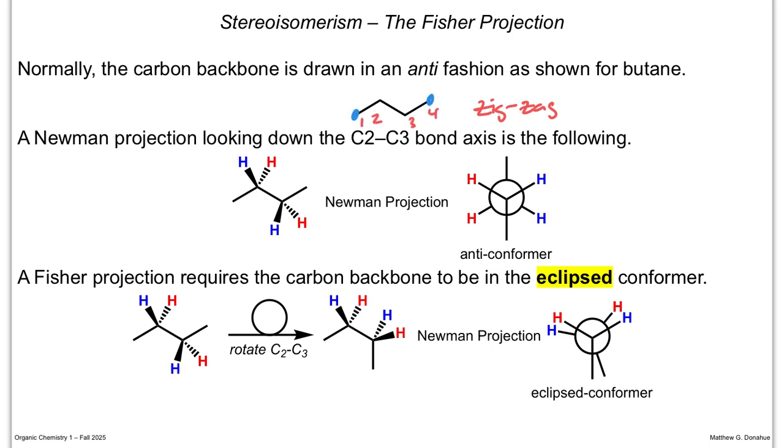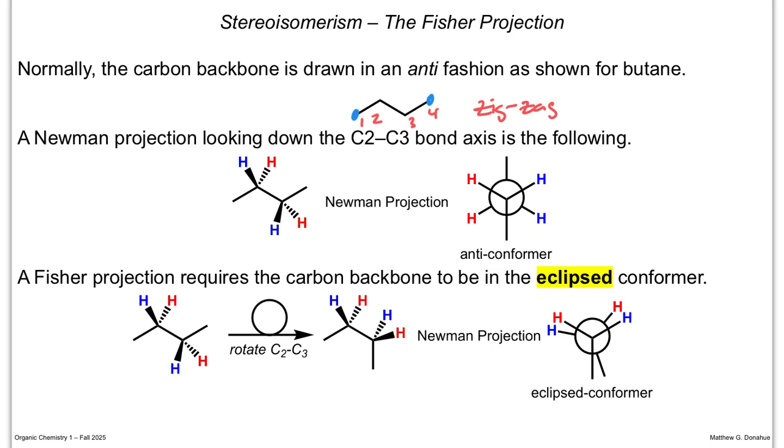Carbons 1 and 4, as they're drawn, are anti to one another. So typically in the zigzag, the carbon backbone has that anti relationship. Or stated another way, the dihedral angle about the 2,3 bond leads to that 180 degrees between the two blue labeled carbons.